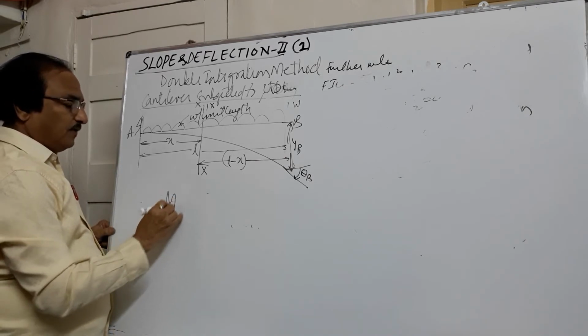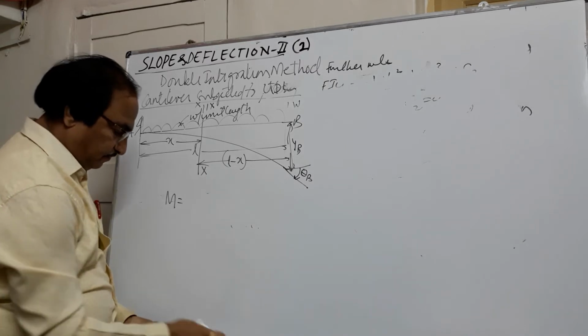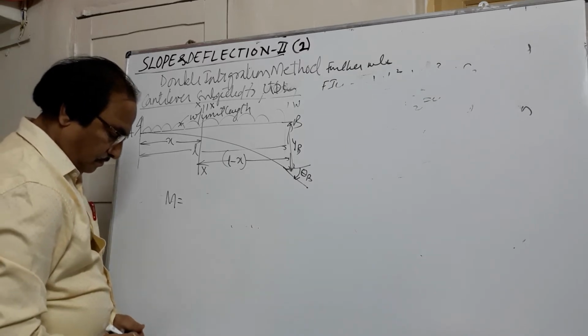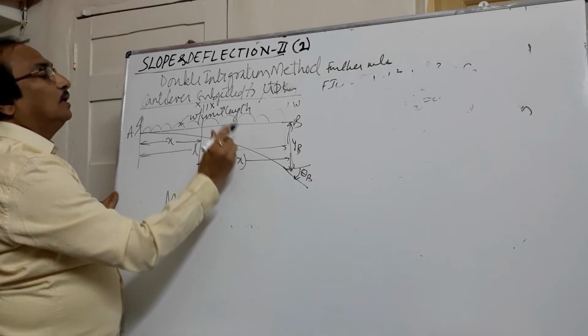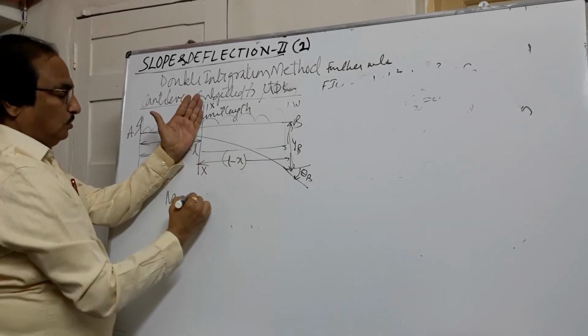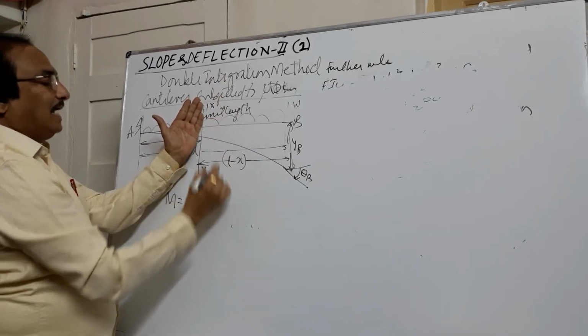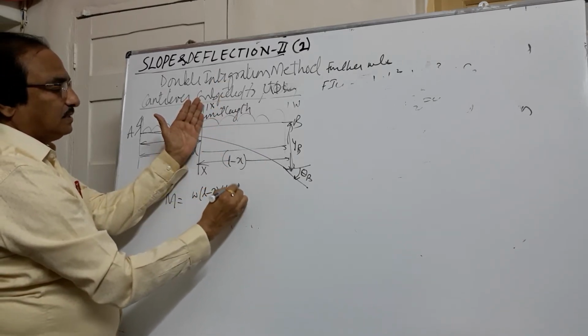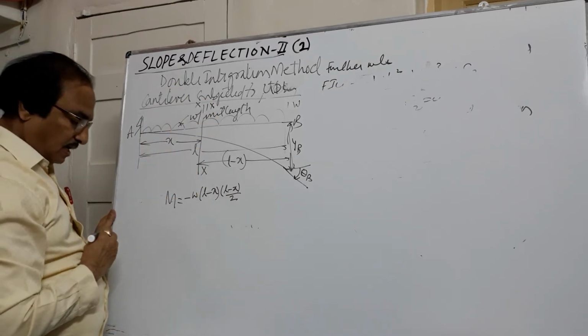Now if I take the bending moment here, the load acting is W into L minus x, and it will act at the center of L minus x, divided by 2. It is acting down, so this will be minus.